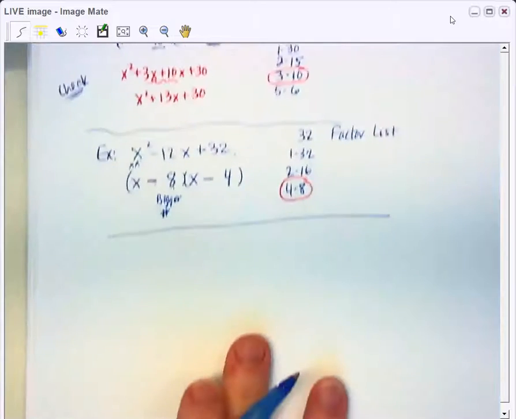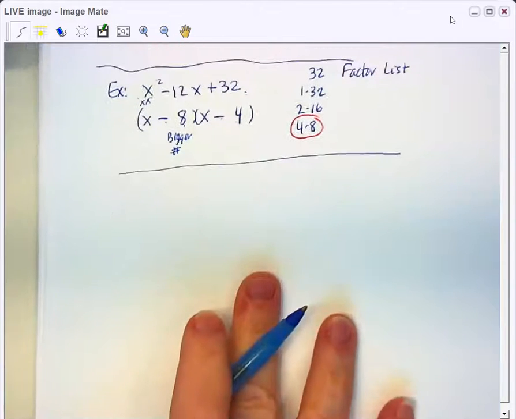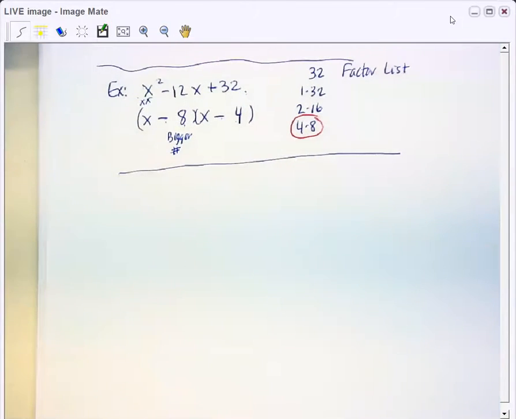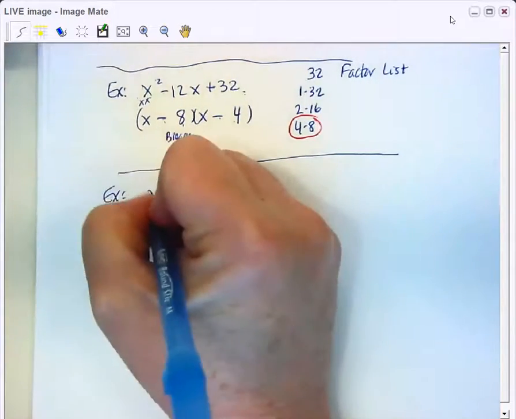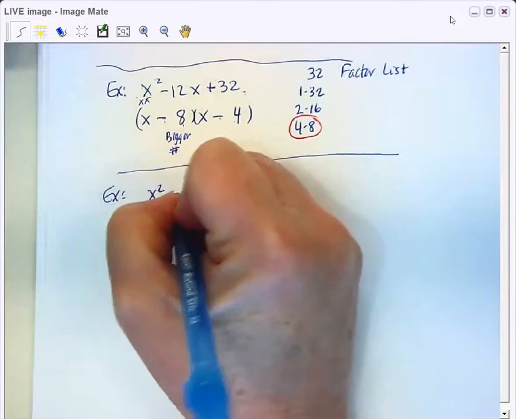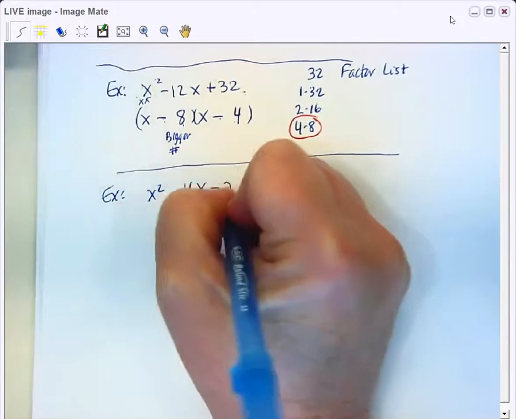Questions on that one? Usually takes about 10 to start to get the hang of this, but we probably won't do 10. Let's do x squared minus 4x minus 21.